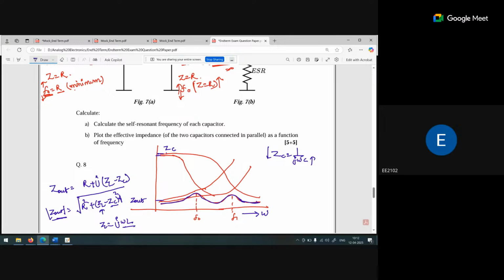As ZC decreases, ZL increases. But at this point where one point arises, we can say the equivalent is this one. So this is not a ZL, this is a Z out. Okay, so this is the graph.